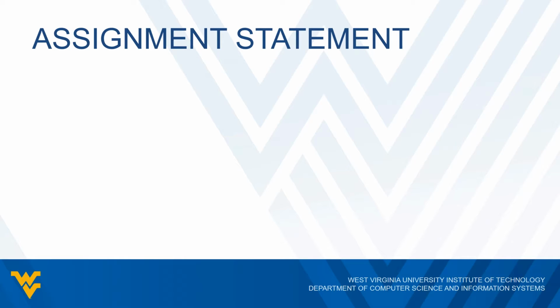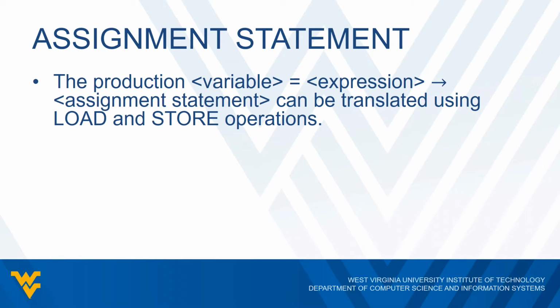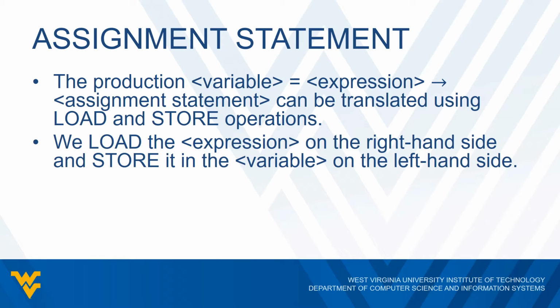We can now address the final branch of the parse tree, where we build the non-terminal called assignment statement by having the production variable equals expression, where in this case it would be x equals temp. With this production, we would translate it using load and store operations. We would load the expression that's on the right-hand side of the assignment statement, and then we would store it in the variable on the left-hand side of the statement.